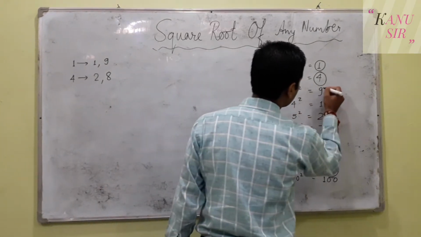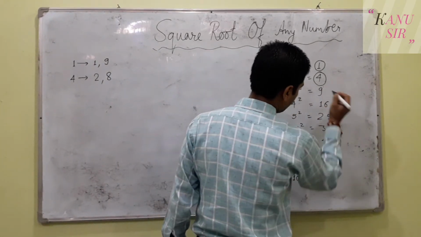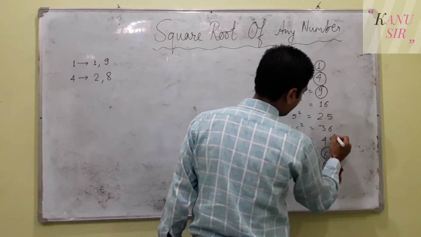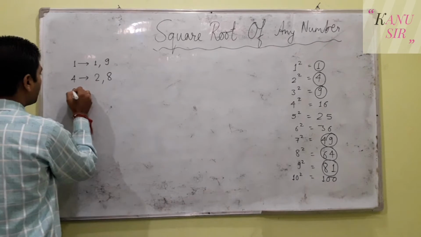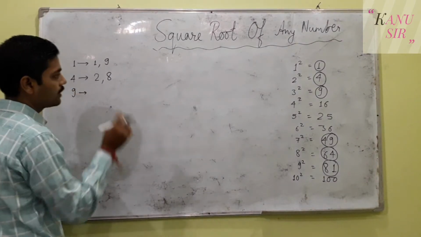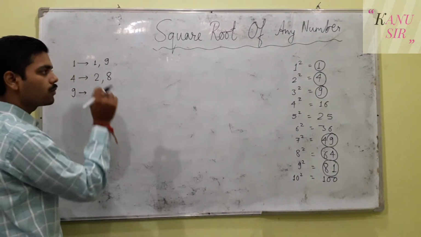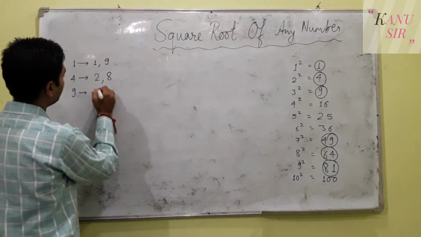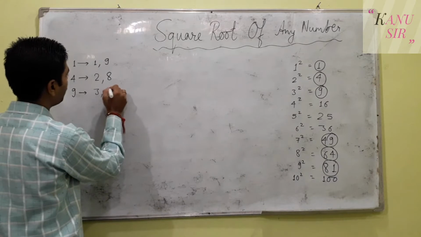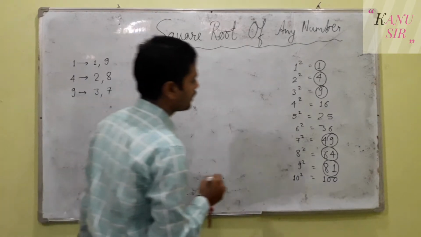And next is 9 and 49. It means if you see a 9 in the number for which we are going to find the square root, it might be either the square of 3 or the square of 7.